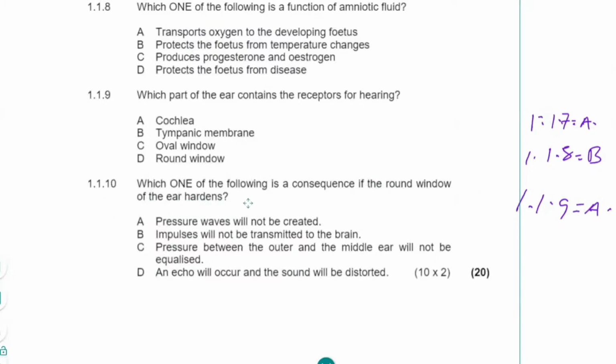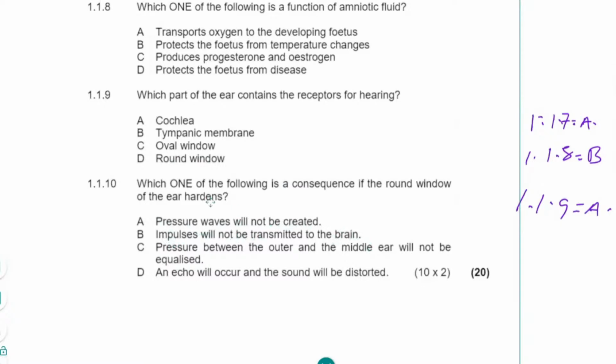If the round window of the ear hardens, ask yourself, what's the function of the round window? We have seen it. It absorbs excess pressure from the inner ear. So what is the answer here? Let's read. Pressure wave will not be created. No. Impulse will not be transmitted to the brain.